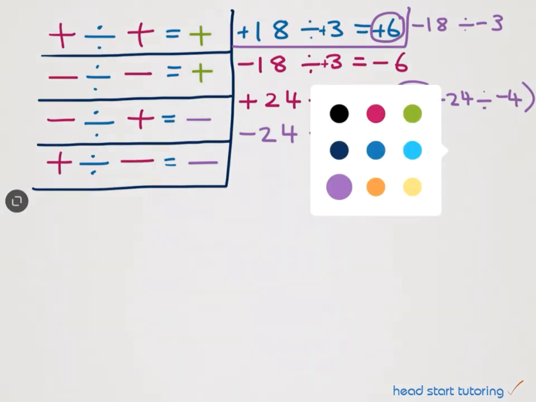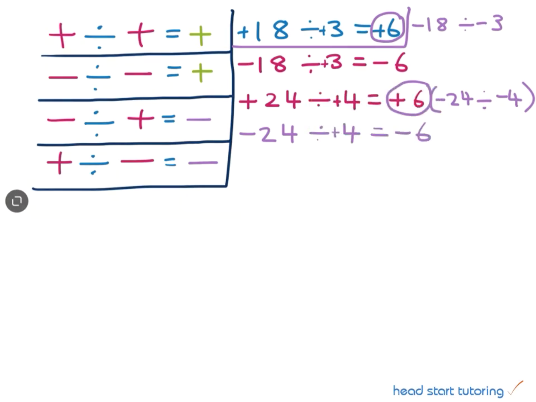If we were working with positive 18 divided by negative 3, we would still end up with an answer of negative 6, because a positive divided by a negative or a negative divided by a positive will give us an answer of negative, and then whatever that number might be.